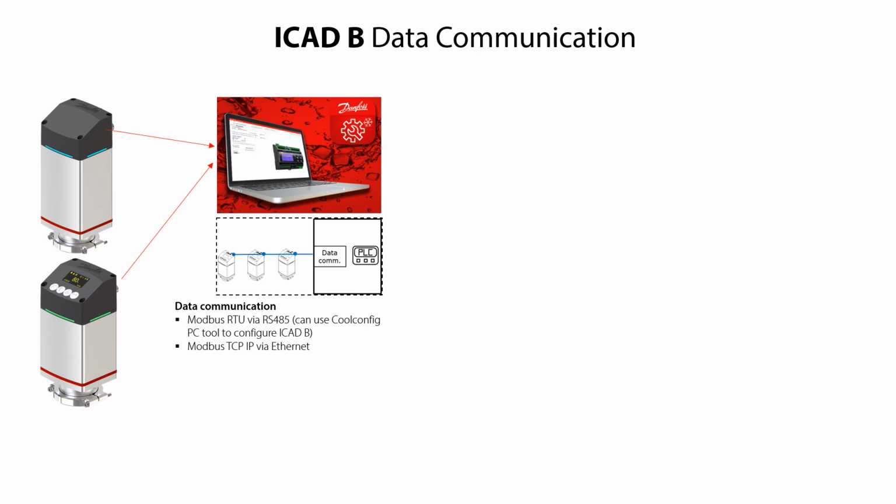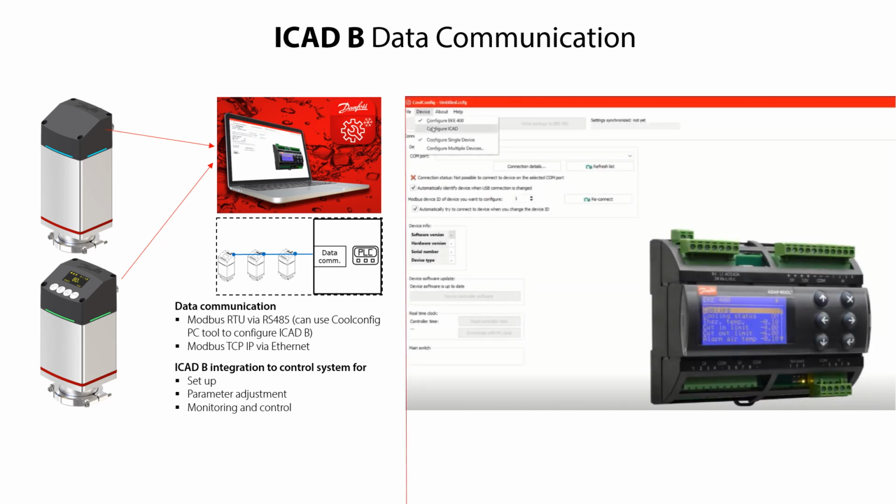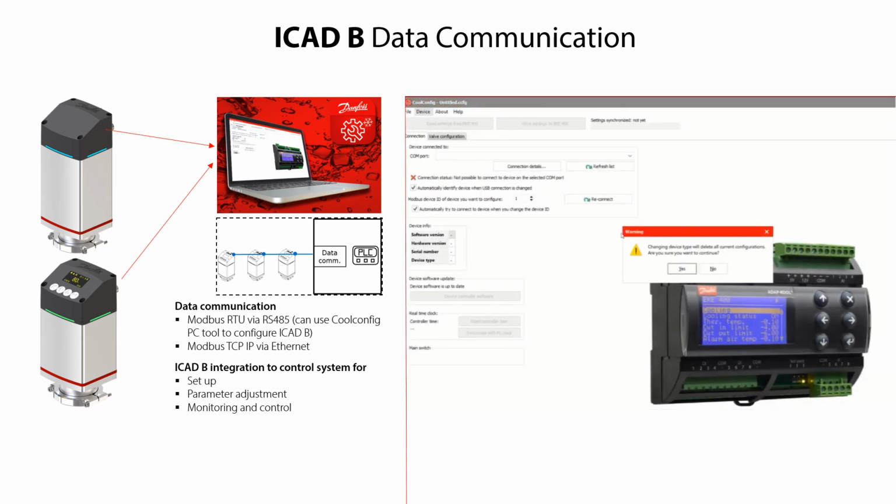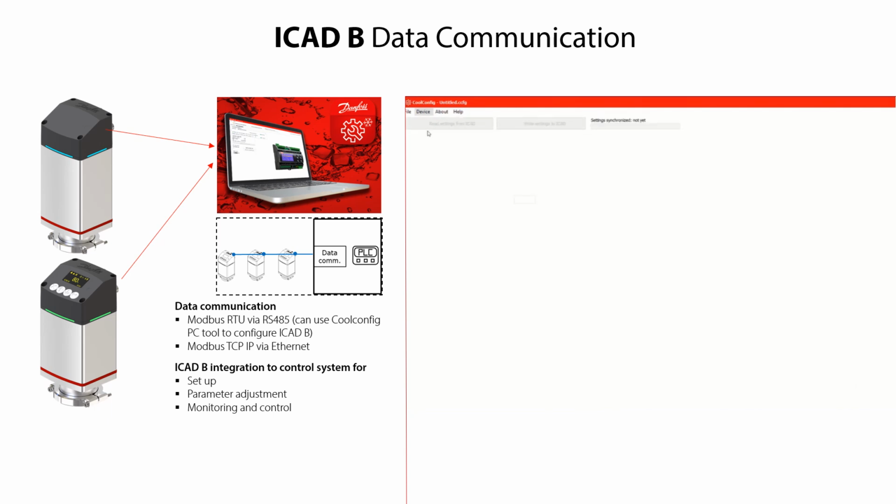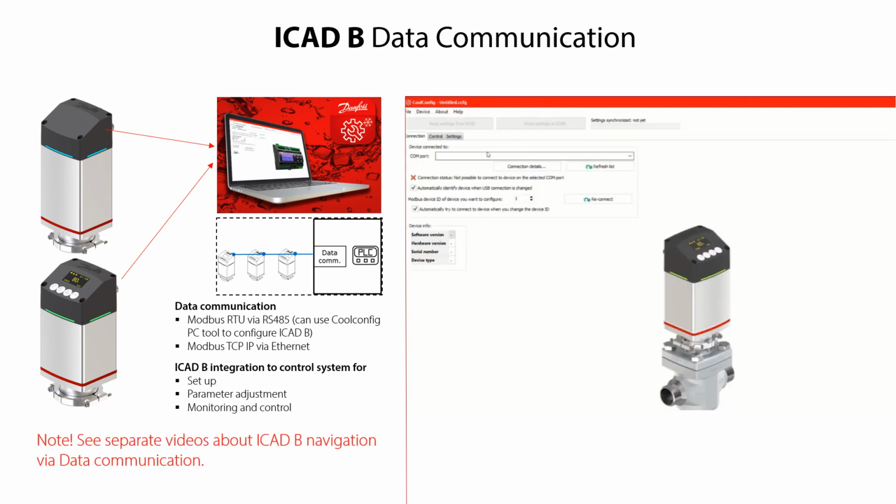It is possible to read and write registers, this way allowing for monitoring and control via data. With this feature, it is possible to fully integrate each ICAD B to the control system for setup, parameter adjustment, and monitoring and control. Here you see a sequence of uses of data communication with the CoolConfig PC tool. Please see the separate videos about the ICAD B navigation via data communication.